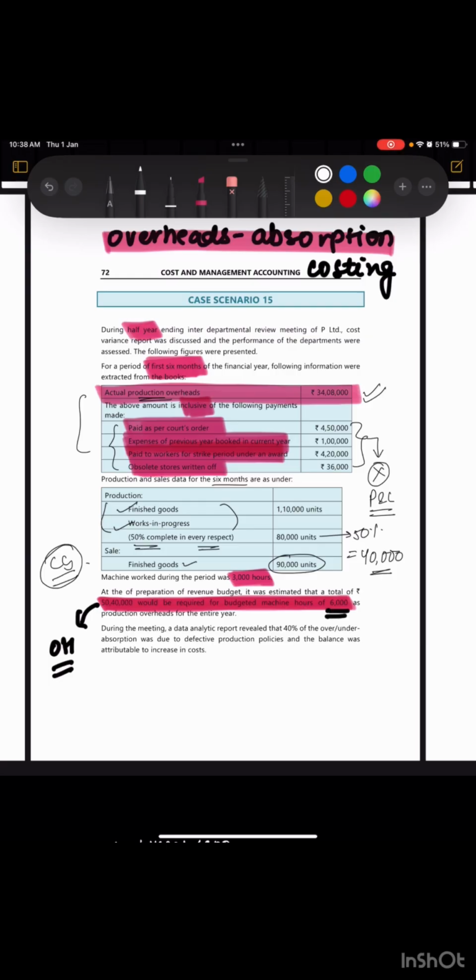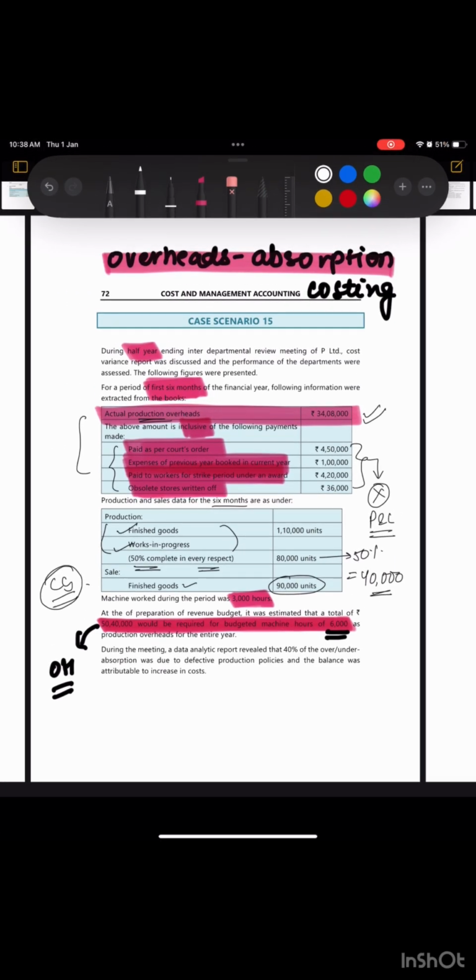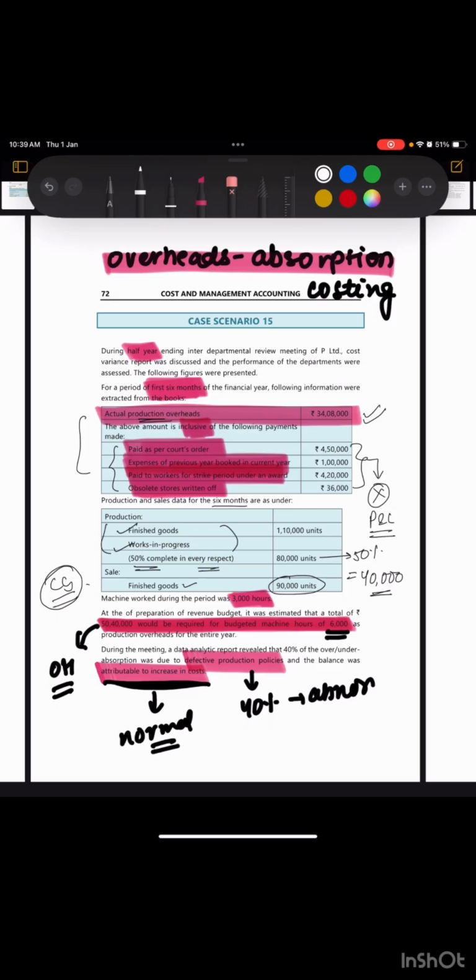During the meeting, it was revealed that 40% of the over or under absorption was due to defective production policies, and the balance was due to increase in costs. So this 40% will be abnormal, and the increase due to increase in cost will be normal. For this normal increase, we usually find a supplementary rate, and the abnormal is directly sent to the costing P&L.